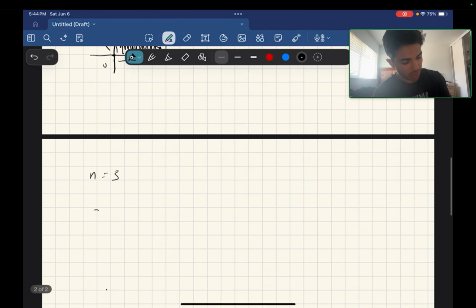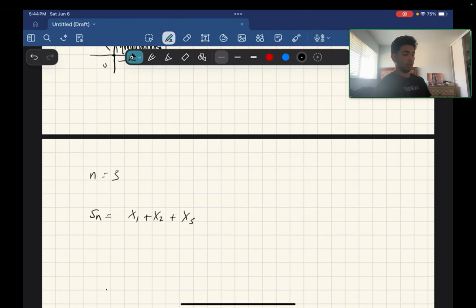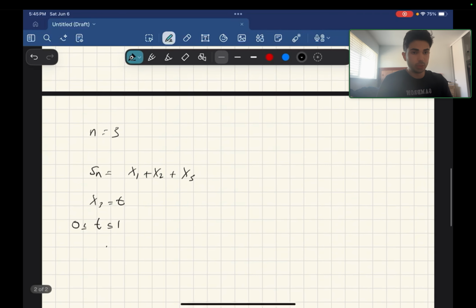So we're trying to find now s sub n, which is equal to x sub 1 plus x sub 2 plus x sub 3. This is going to be a bit challenging. So what we can do is say x sub 3 is some variable t, which can be between 0 and 1. Since x sub 3 is equal to t, we're conditioning on that.